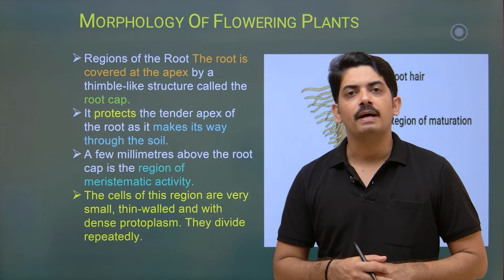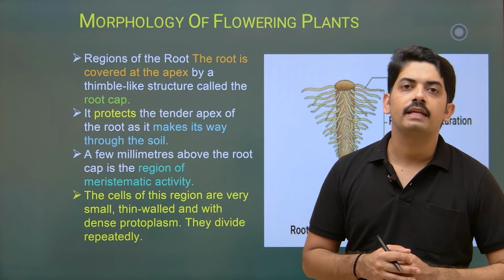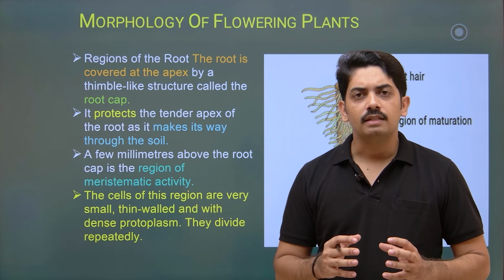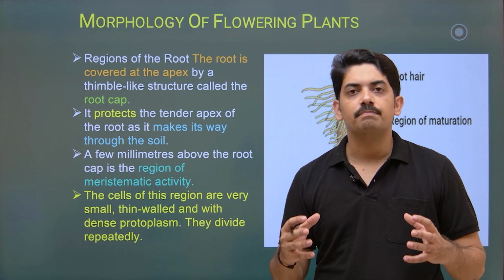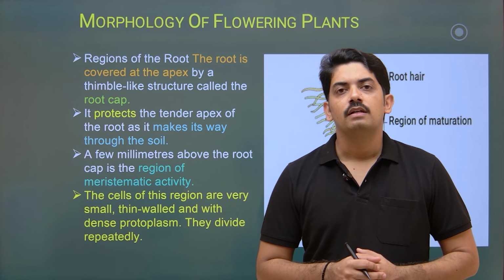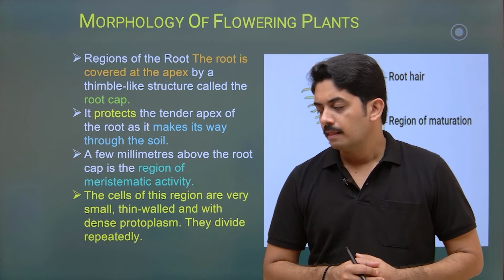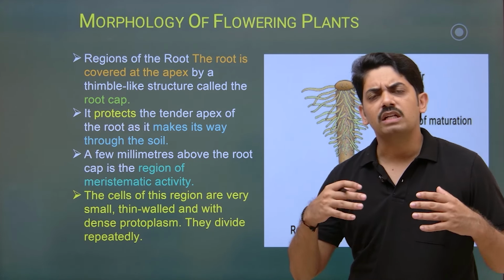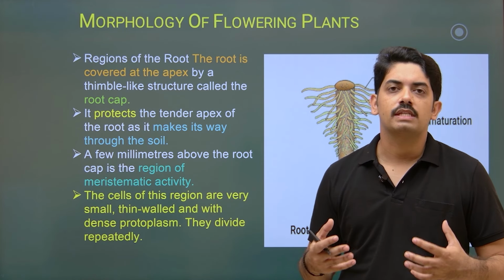This root cap has a special type of material called calyptrogen that protects the young and actively dividing part of the root, and that we call it as meristematic zone, where meristematic cells are present. Now in the meristematic zone, cells continuously undergo cell division.